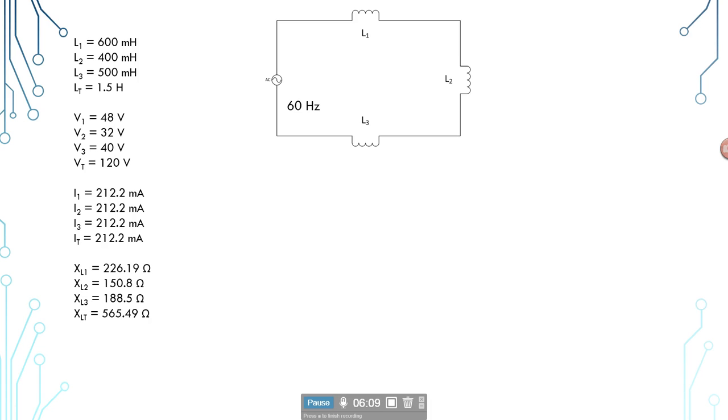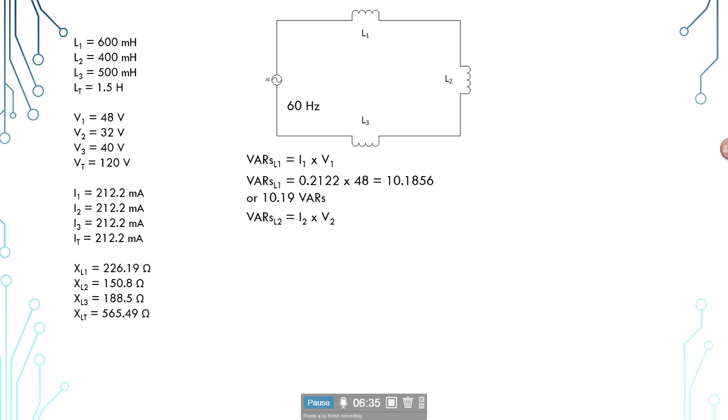And now to find our vars. If you'll remember from the earlier lesson, vars is also considered to be wattless power. So var sub L1, using the power formula, is equal to I sub 1 times V sub 1, giving us 10.19 vars at the first one.